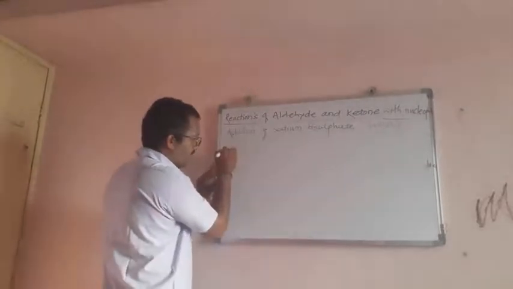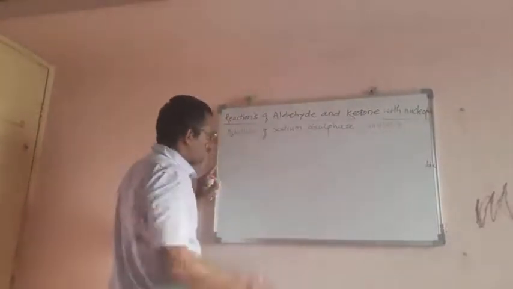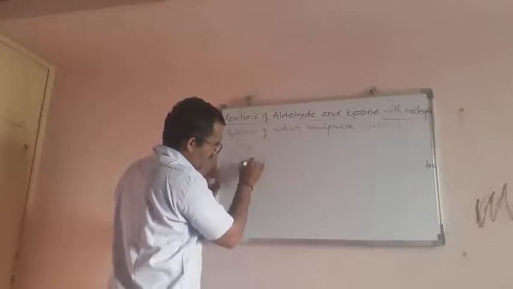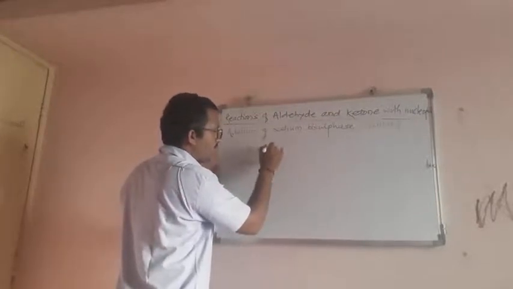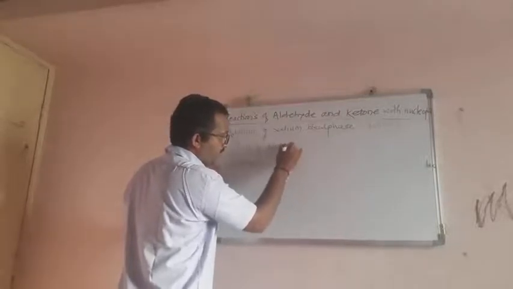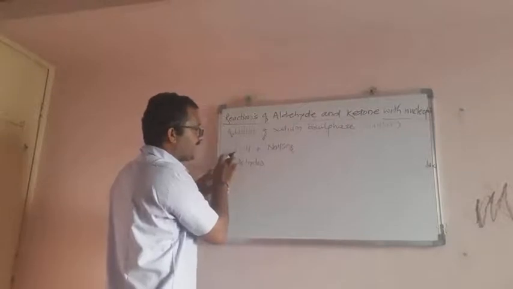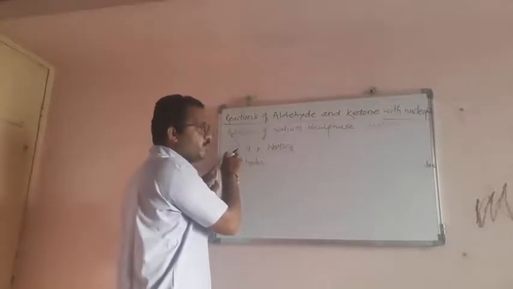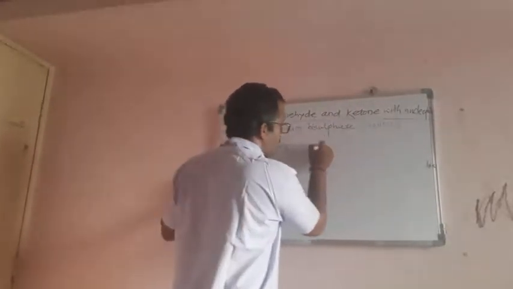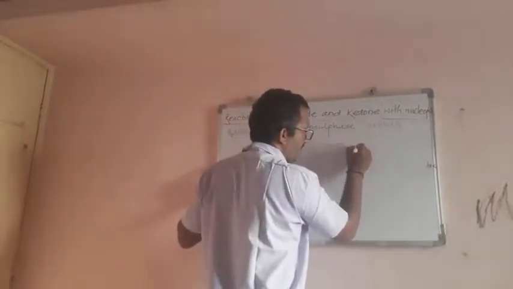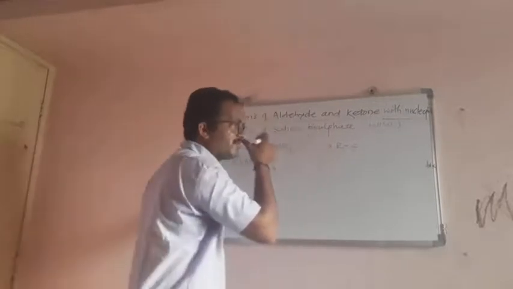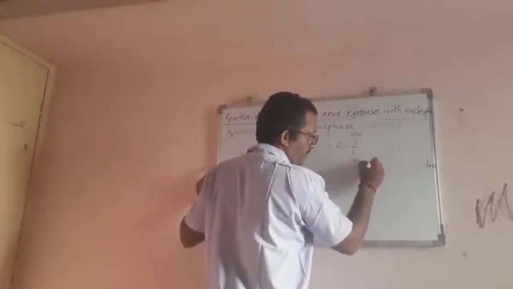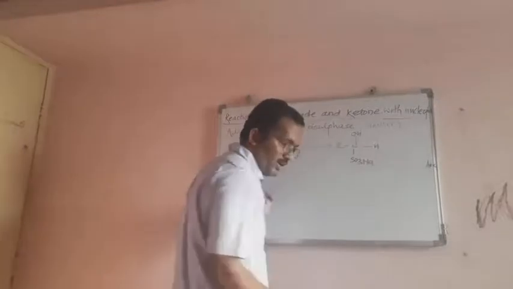The reaction is R C double bond O H, this is the aldehyde. The aldehyde reacts with sodium bisulfite, NaHSO3. SO3Na attacks the carbonyl carbon of this aldehyde, because the carbonyl carbon is electropositive and SO3Na is electronegative. The reaction is like the addition of hydrogen cyanide, giving R C OH with SO3Na, and here is the aldehydic functional group.